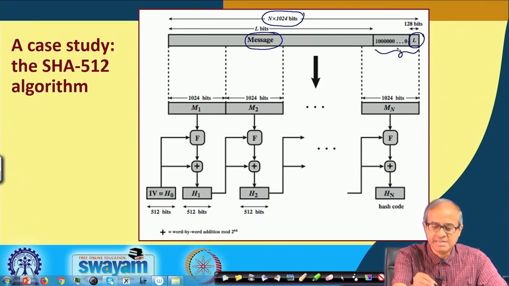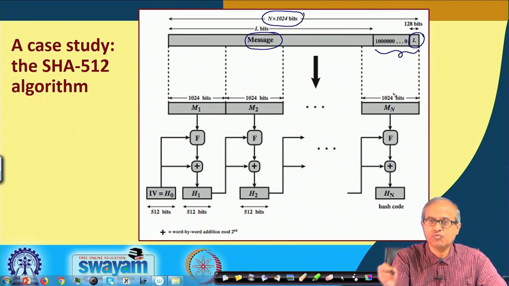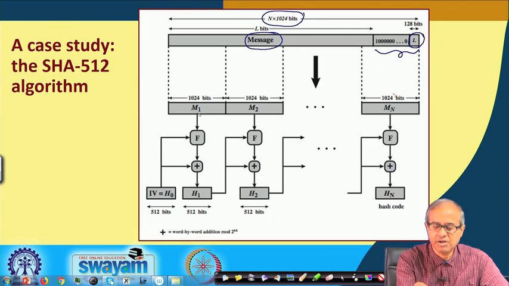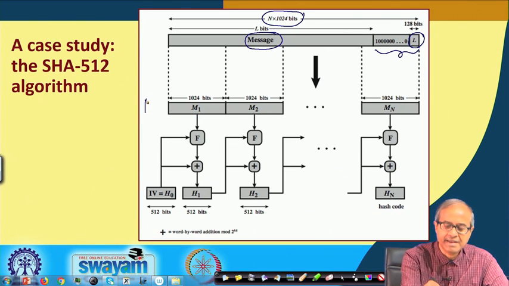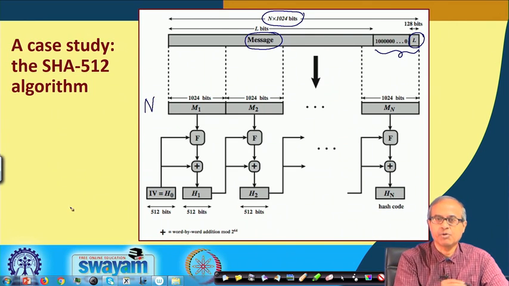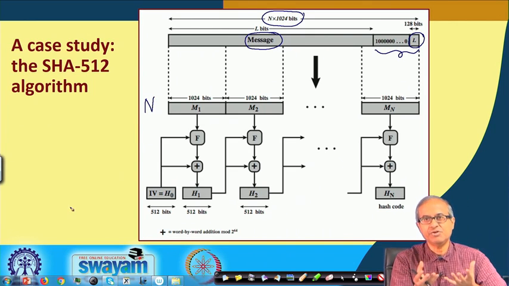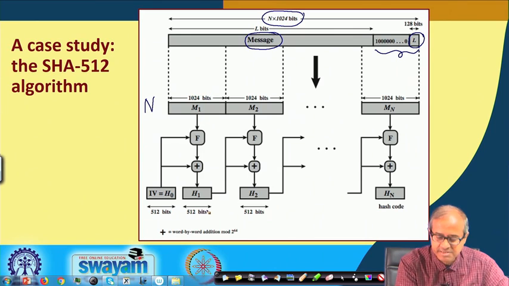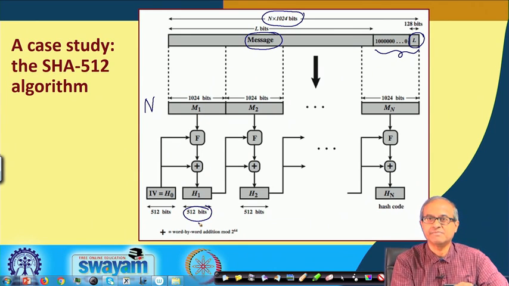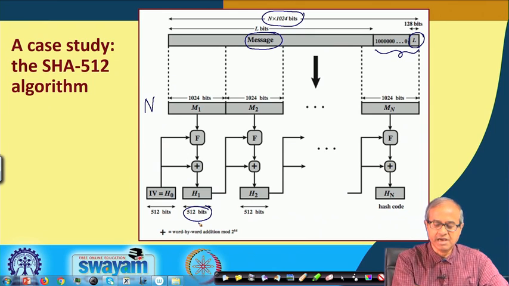Then each of these 1024 bit chunks is called, let us say, M1, M2 to Mn. There are capital N such data blocks or chunks. Now, each of them undergoes the SHA 512 algorithm, and by virtue of this, 512 bits of data are generated.